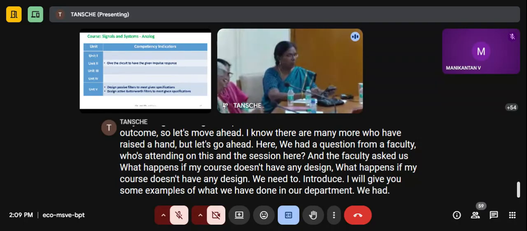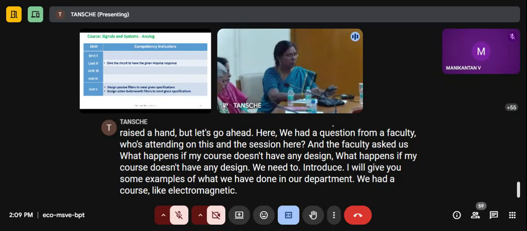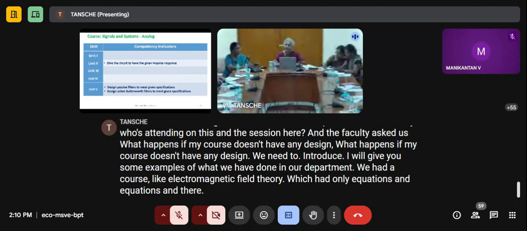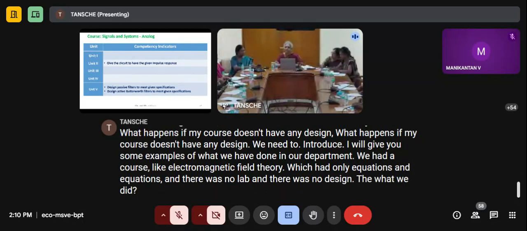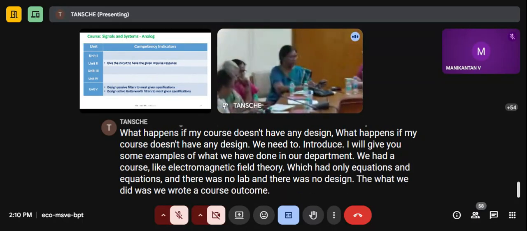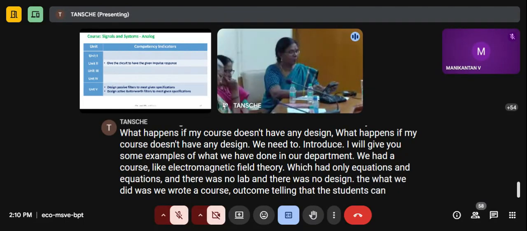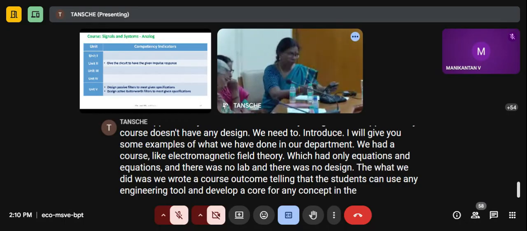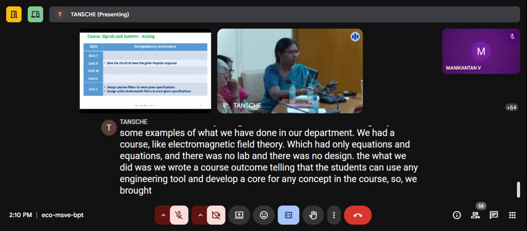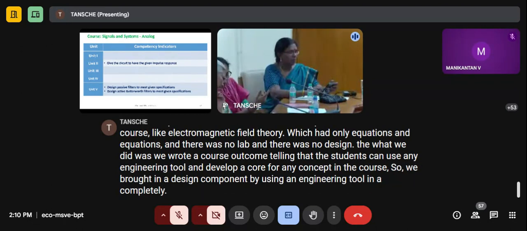We had a course like electromagnetic field theory, which had only equations, no lab and no design. So we wrote a course outcome telling that the students can use any engineering tool and develop a code for any concept in the course. So we brought in a design component by using an engineering tool in a completely mathematical course.